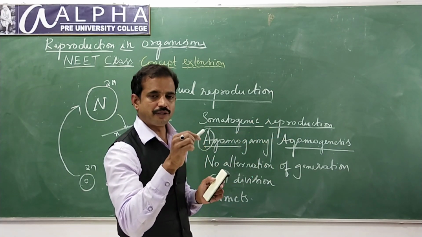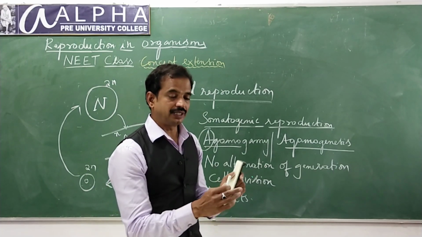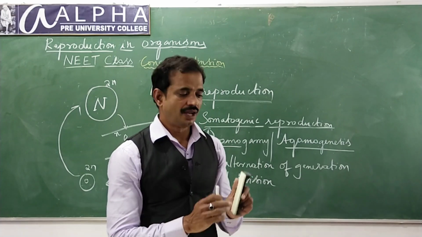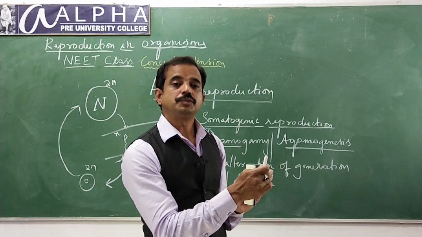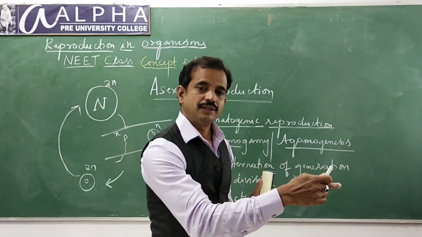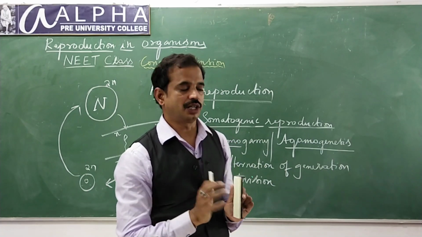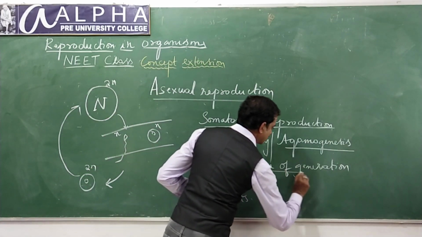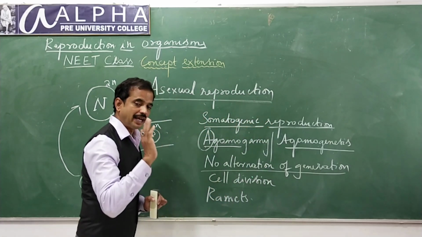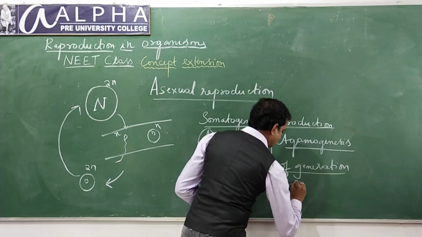A haploid plant reproduces asexually to give rise to haploid offsprings by the process of mitotic cell division. And if it is a diploid plant or a diploid animal, it will give rise to diploid offsprings through asexual reproduction. There is no alternation of generation. Asexual reproduction does not show alternation of generation, and the type of cell division always involved here is mitosis.